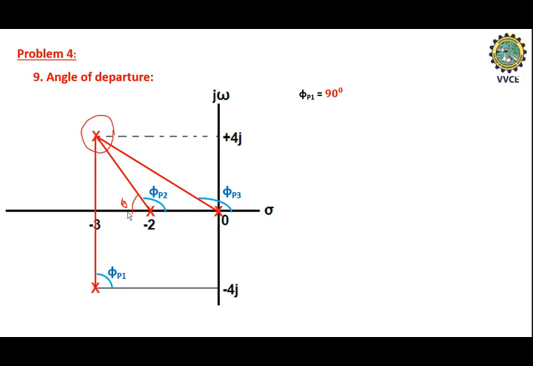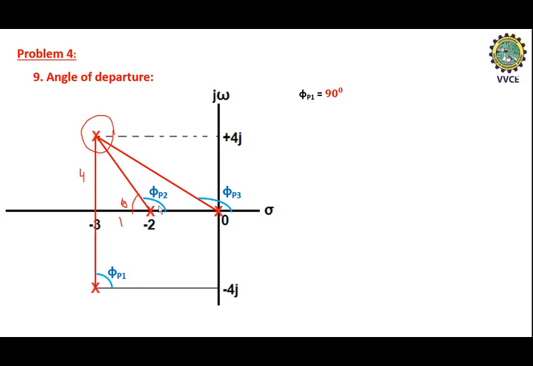So let us consider this as 4 and this as 1. If I want to find angle theta, I can write the equation as tan inverse of opposite by adjacent. So tan inverse of 4 by 1 gives the value of theta.